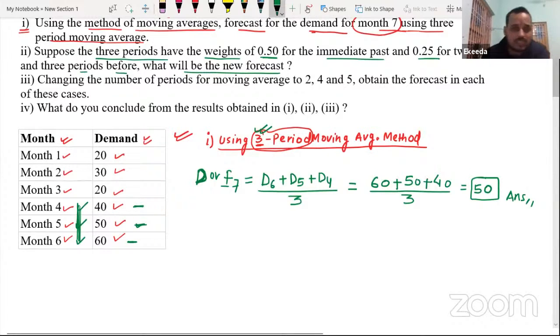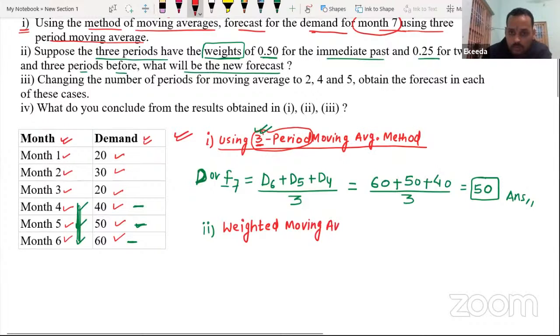Since they have assigned the weights, the second method is all about the weighted moving average method.